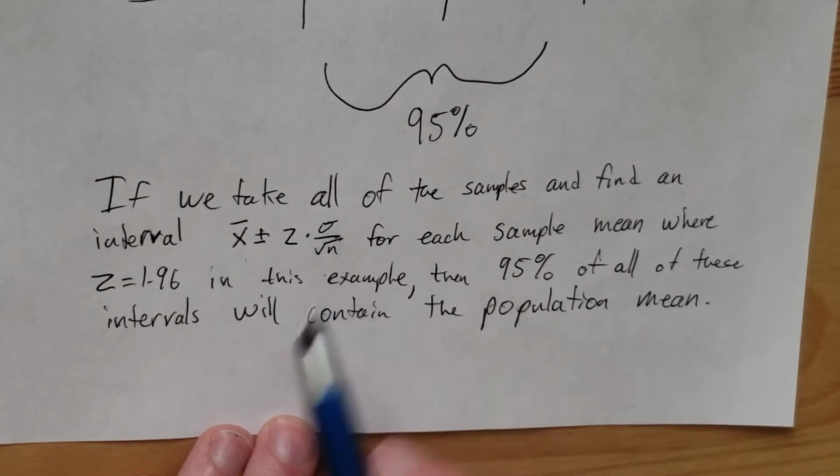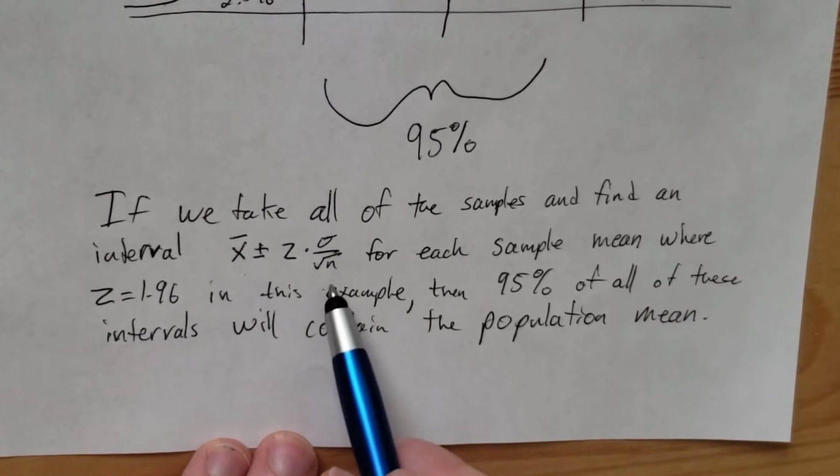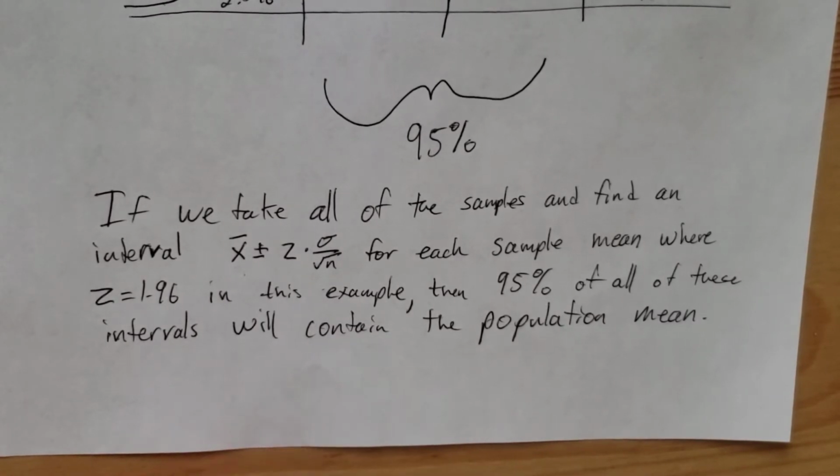Sigma is our standard deviation for the population, which we somehow know already. And n is our sample size.